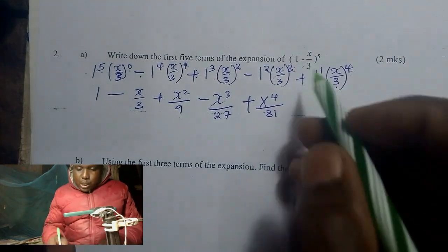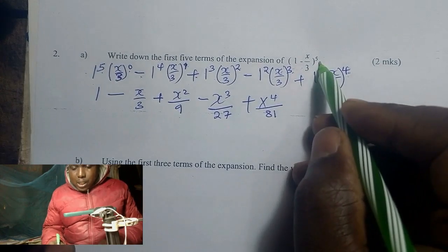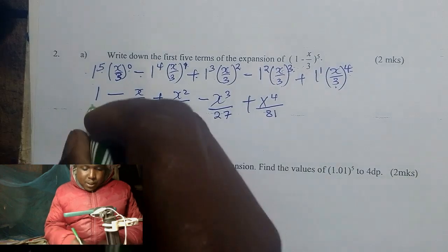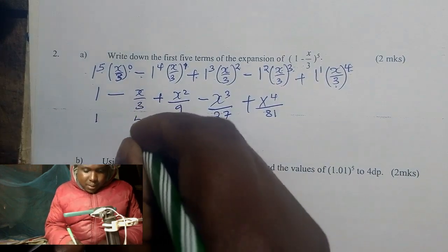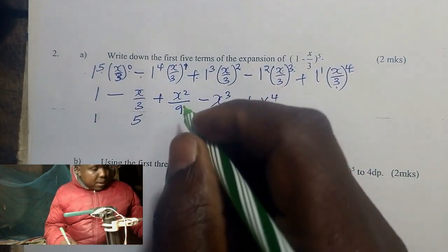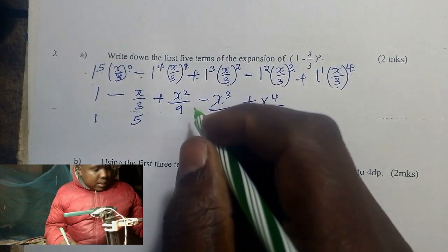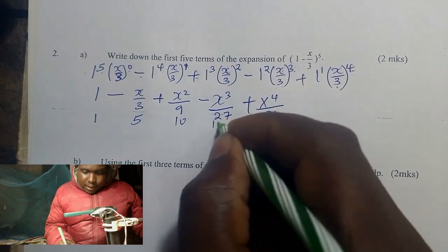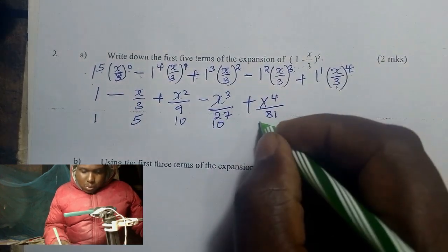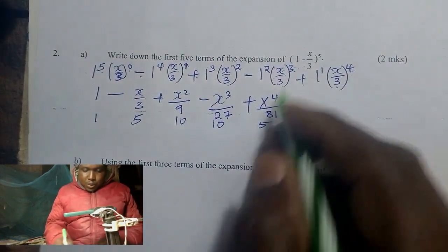Now the next thing is to put the coefficients of power 5. The coefficients are 1, 5, 10, 10, 5, and 1. So here we are.